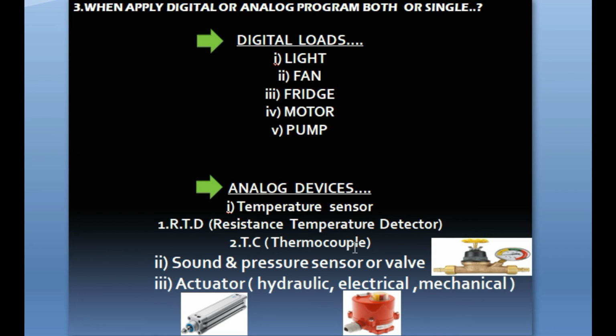So friends, I hope you guys apply the programming in any kind of LOGO PLC, S7-200, 300, 1200. Are you doing something else in the analog sequence? So friends, this is the most important part of our practical life. I hope you guys understand. These are the main things of digital and analog programming sequence. So friends, I hope you understand why we apply the digital program and why we apply the analog signal, so analog programming also.